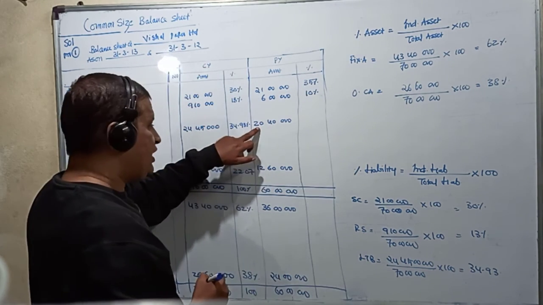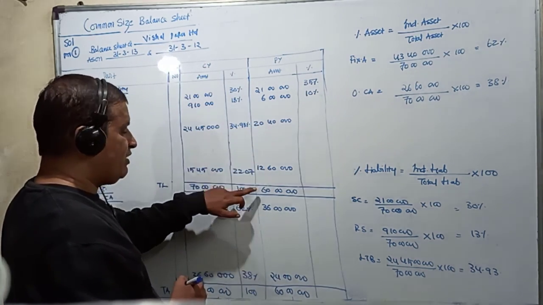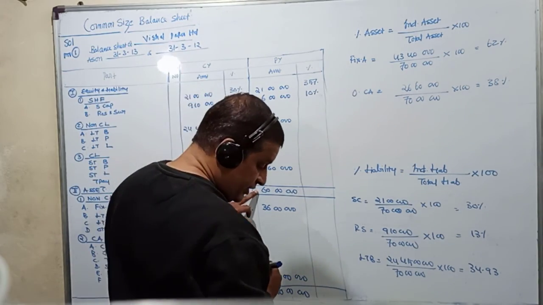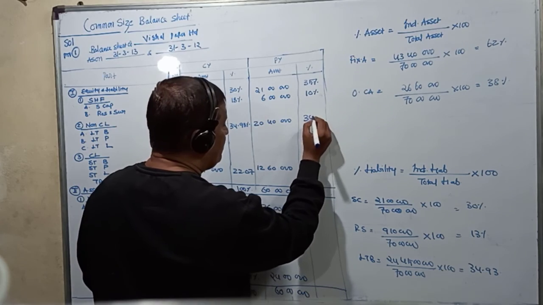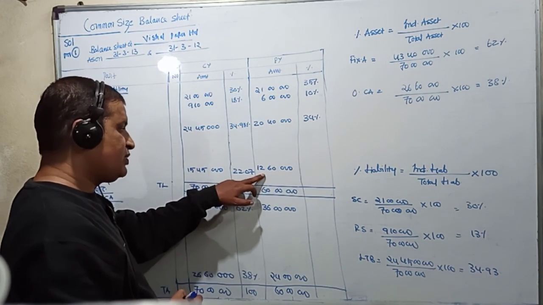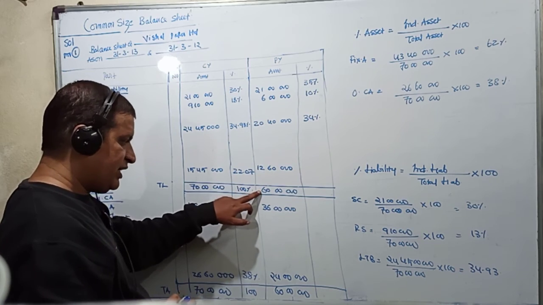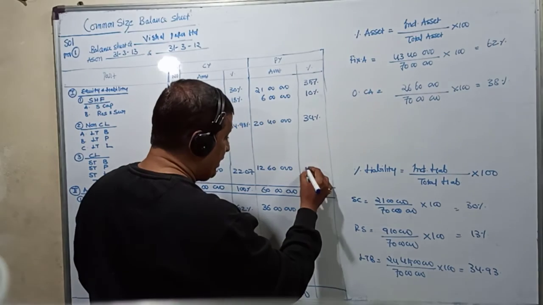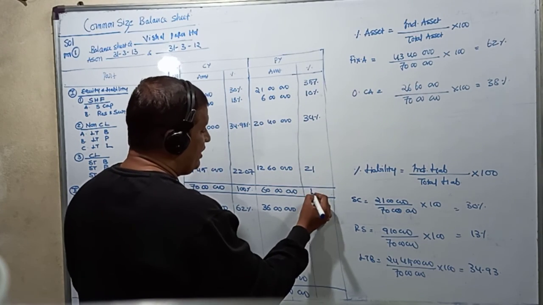Individual liability 20 lakh 40,000 divided by 60 lakhs into 100 would be 34%. Individual liability 12 lakh 60,000 divided by 60 lakhs into 100 would be 21%, and the total would be 100%.